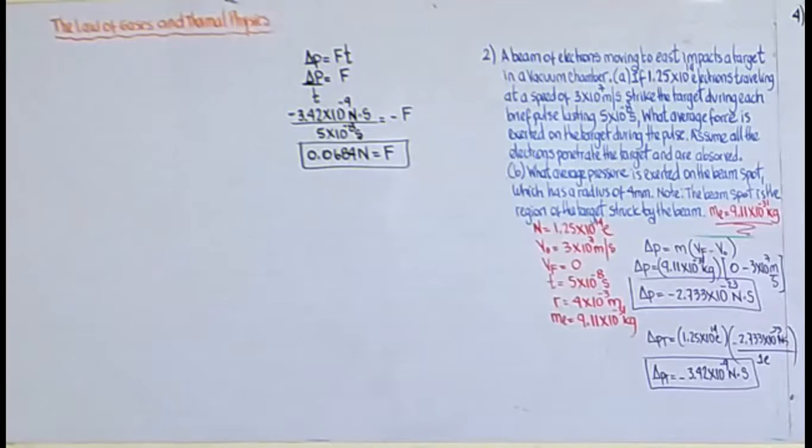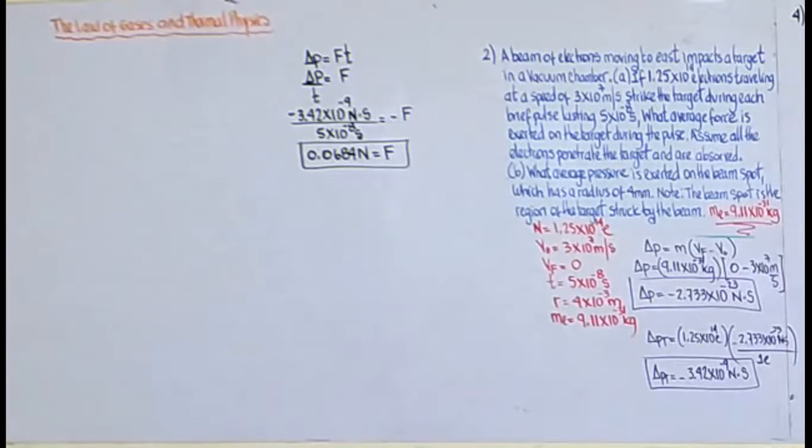Okay. Now we have to solve the letter B. The letter B is asking for the average pressure. Any idea how to calculate the pressure? What do you think we have to do in this case?